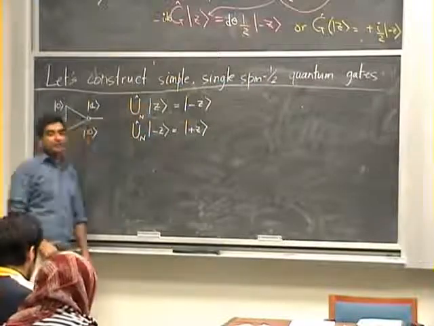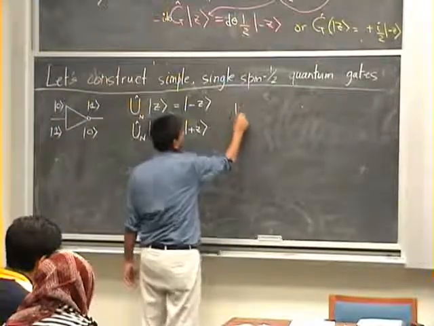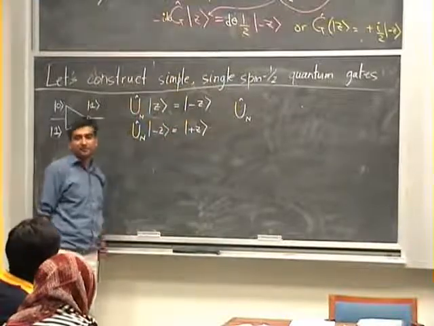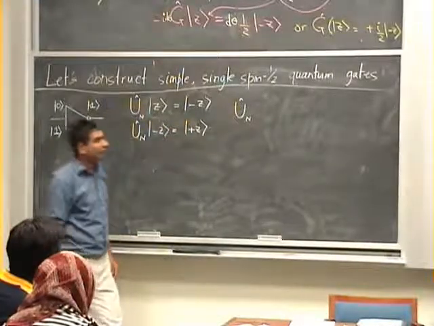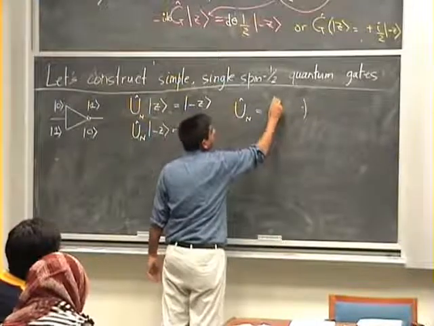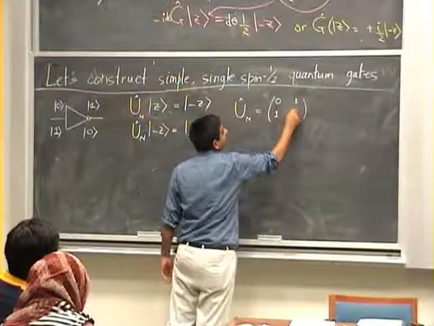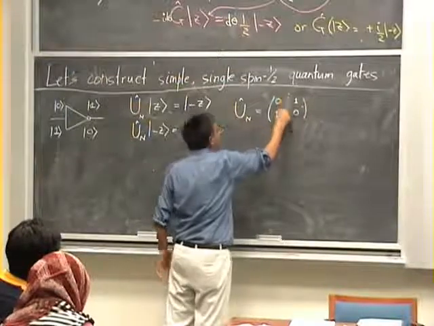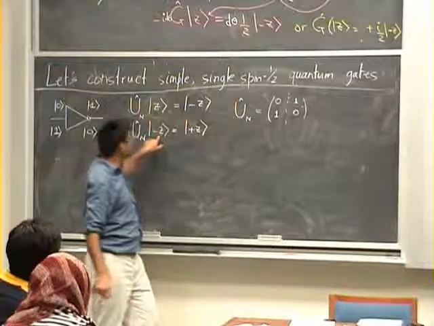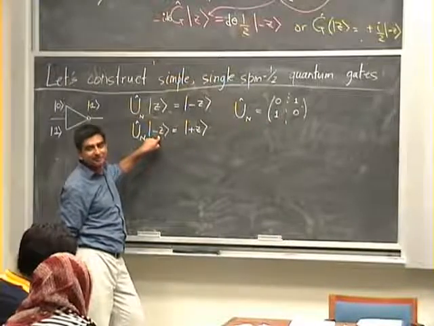So if I would like to represent this NOT gate in a basis, which is the Zeeman basis, right? What would the matrix look like? 0, 1, 1, 0. This is the output when this is the input, and this second column is the output when this is the input, right?